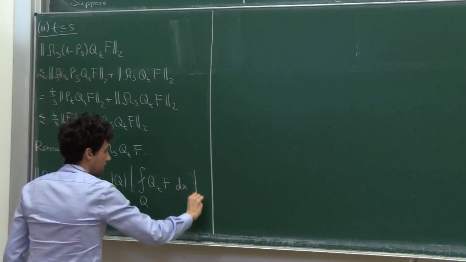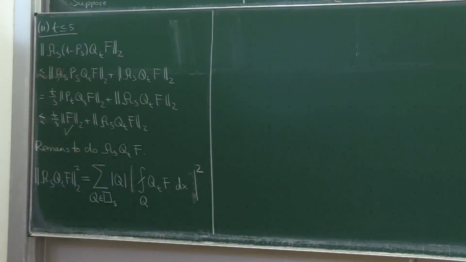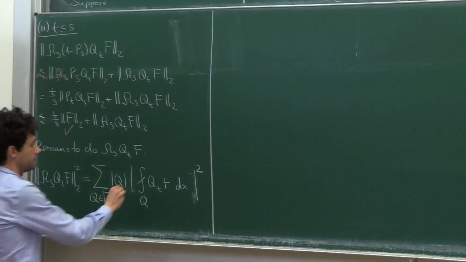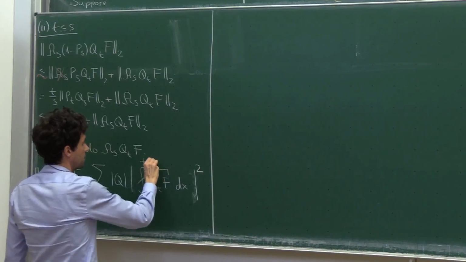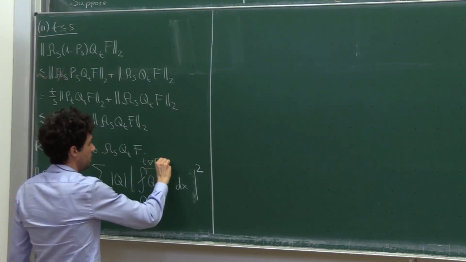Okay, so now Q_t is t times the gradient of P_t. So this here is t times the gradient of P_t f.